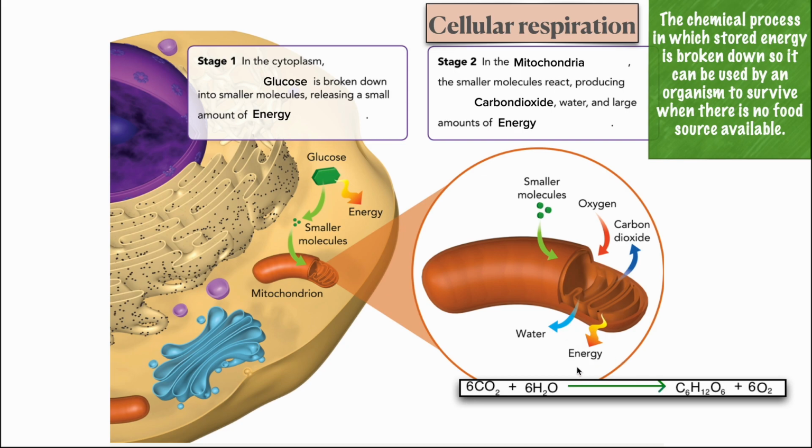This energy that gets released from the mitochondria is what helps us with running, playing, studying, thinking, and all the activities that we do. With that, we wrap up respiration and photosynthesis.